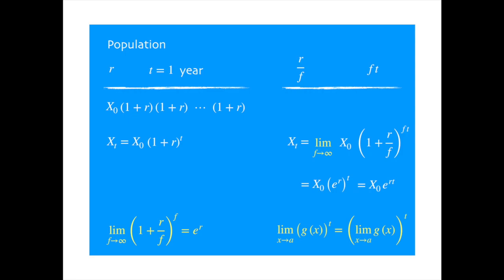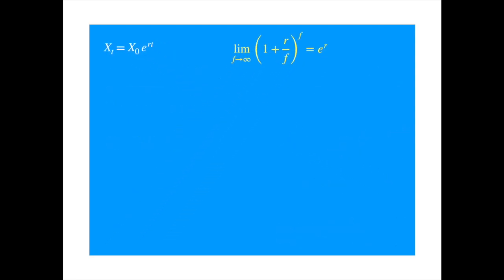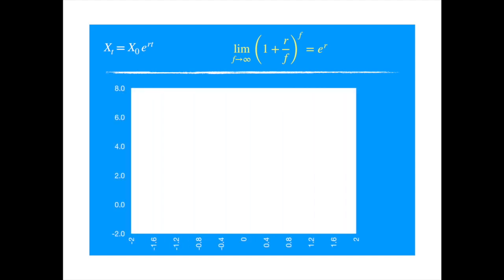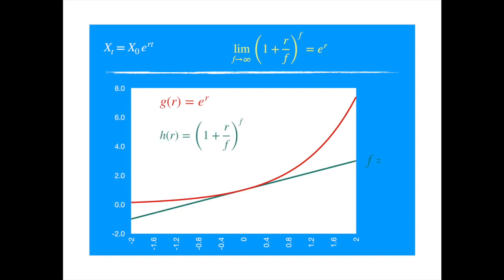We know Euler was brilliant, but you don't have to trust him without verifying, so let's see whether this approximation makes sense. Let's plot the function e to the power r. You would have seen this function written in terms of x, so think of r as x if that helps. Now let's plot the approximation. We start with f equal to 1, so we have 1 compounding per unit time.